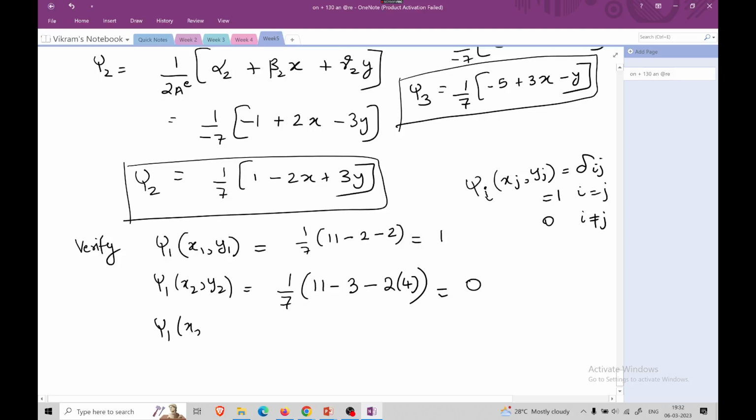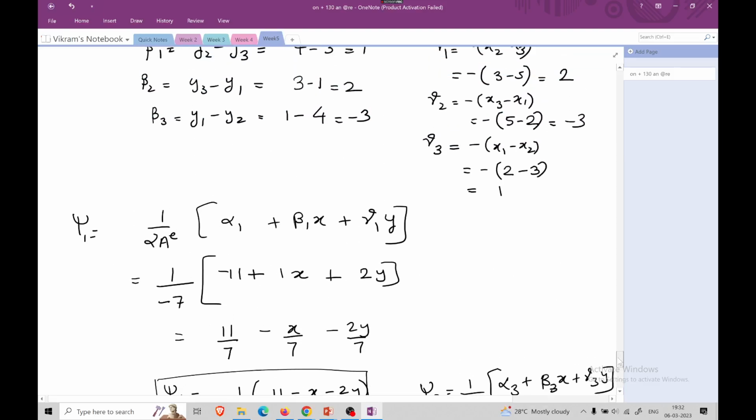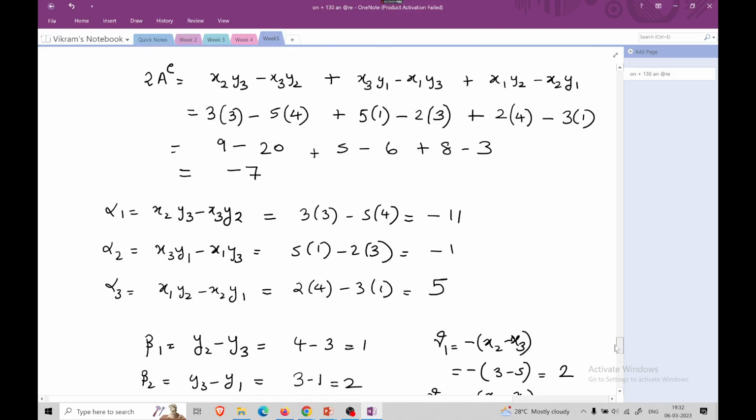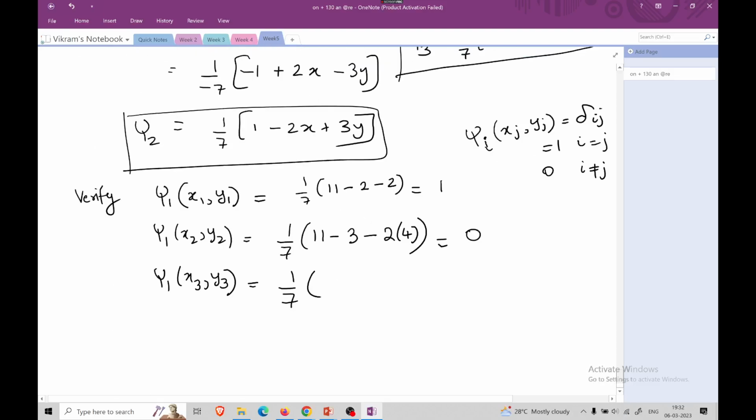Psi 1 of x3 comma y3. What is x3 comma y3? 5 comma 3. Yes, 5 comma 3. Okay, so 11 minus 5 minus 2 into 3, this also 0, no?